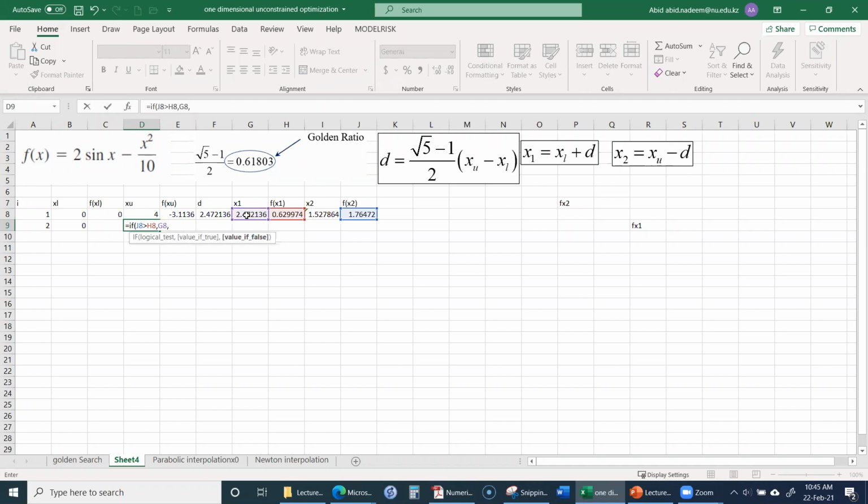Otherwise, the value of xu will remain like this. This is a little bit tricky, but I think this is how the logic will work.